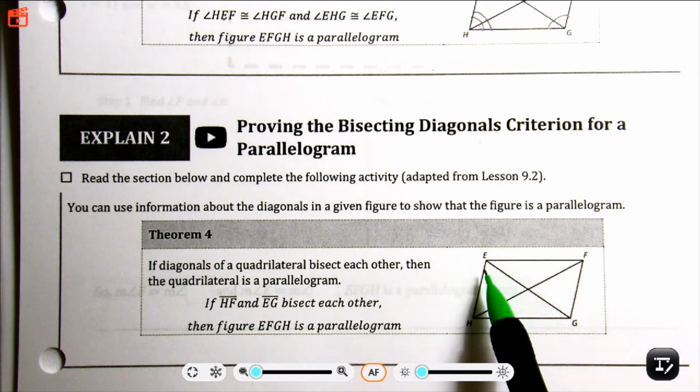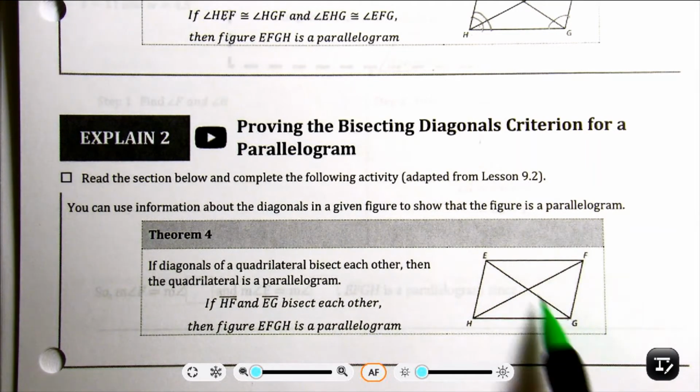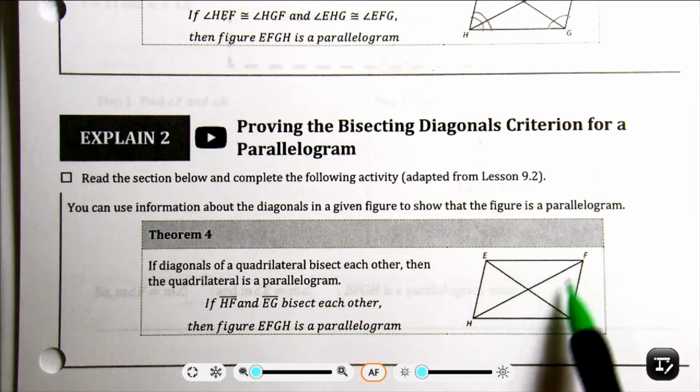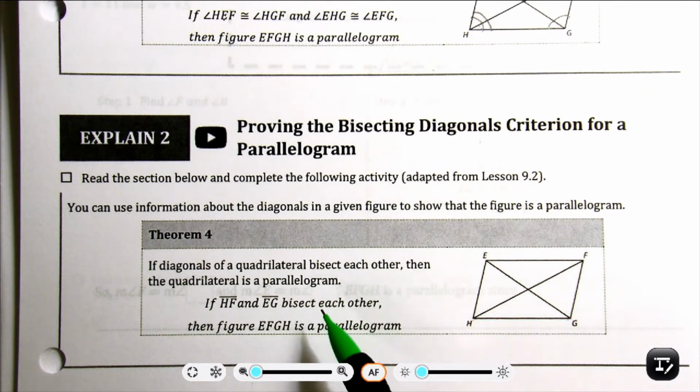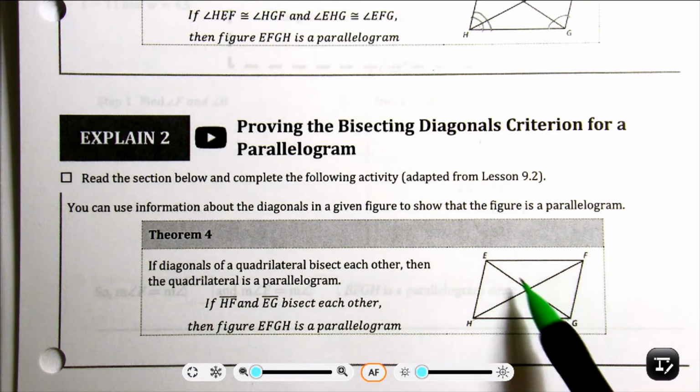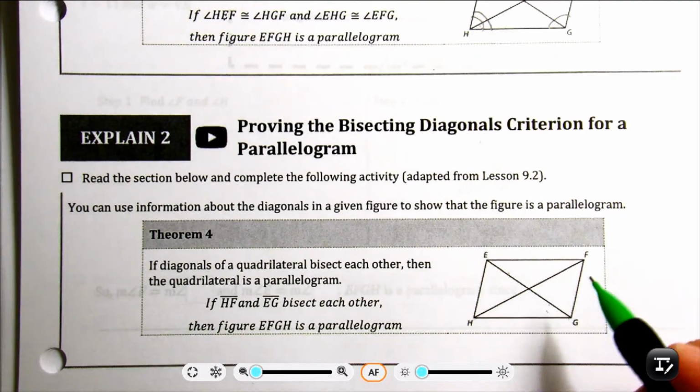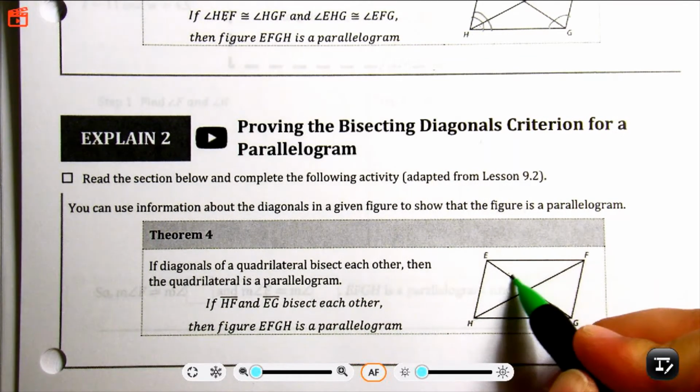So this is a diagonal line. This is another diagonal line. And bisect means that they cross so that each piece is congruent to each other. So this piece is congruent to this piece, and this piece is congruent to this piece.